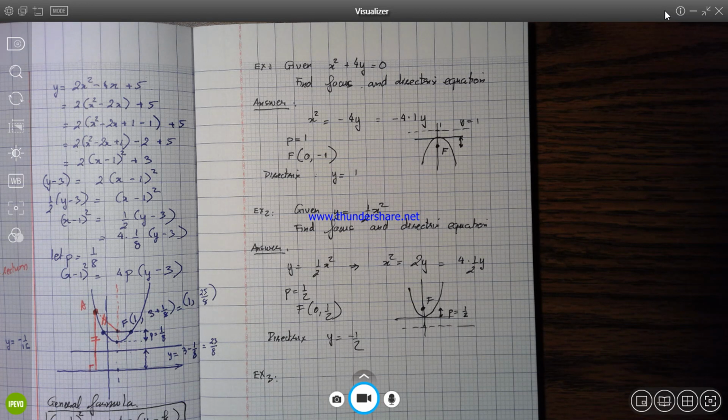Let's see if we have it or not. And we want to write the vertical one, because right now we do the vertical one. So let's try to find something vertical. Okay, how about this?